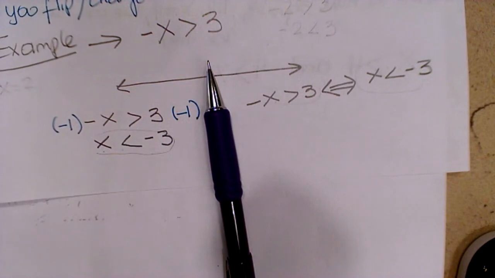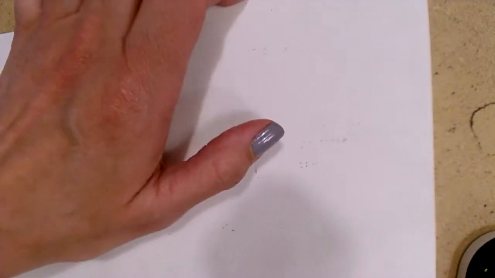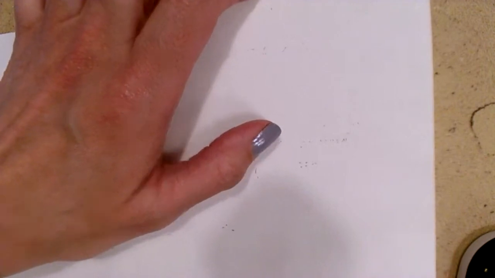And the last part of 2.5. Now we're going to be talking about notation. What are the different ways that we can write inequalities?